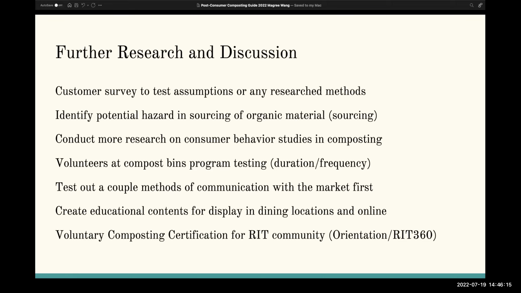Or creating workshops or even trivia nights on composting. Just the more involvement we can get would make an easier transition to the composting project. Yeah, that's my presentation. Thank you, Magree.